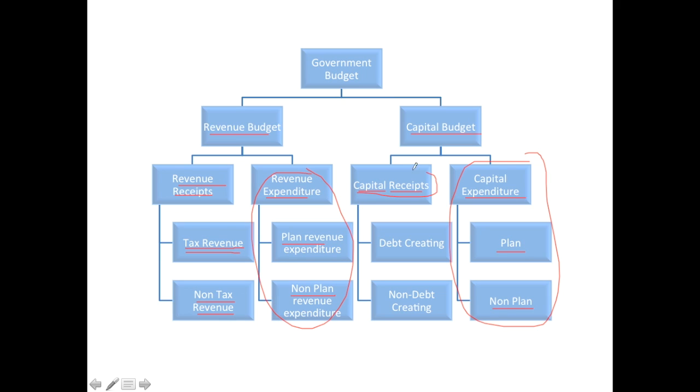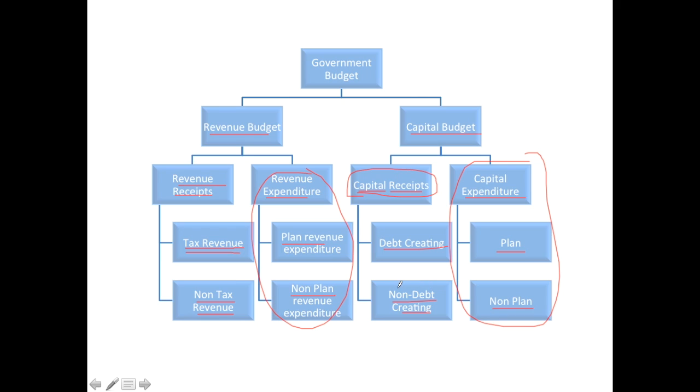The capital receipts. What are these capital receipts? कहाँ से आएंगी? Debt creating or non-debt creating? Debt creating is something that you have to pay back. Non-debt creating is something which you are not required to pay back. So non-debt creating would be disinvestments. Disinvestments जो आपने किया, you get money by selling your stake in a public sector unit.